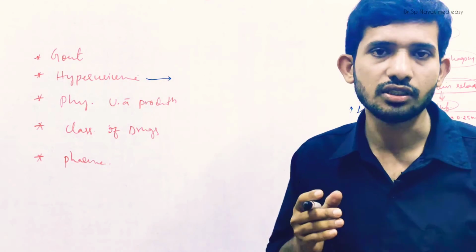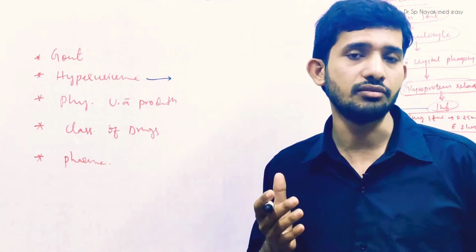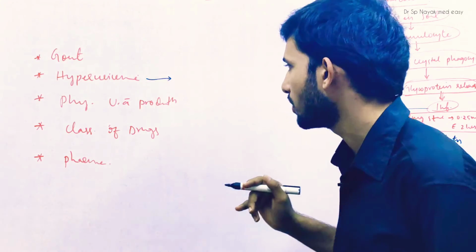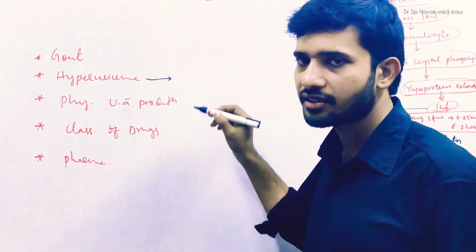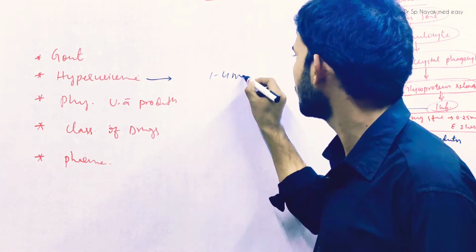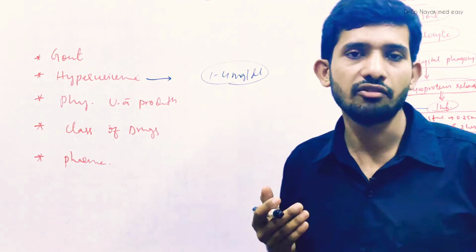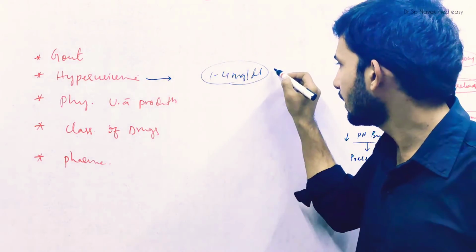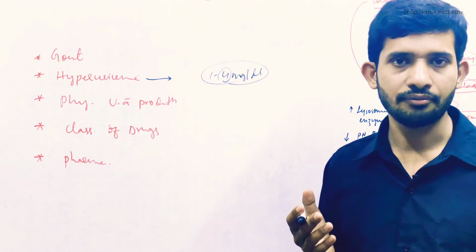Hyperuricemia is the elevated concentration of uric acid in the serum. The general normal range of uric acid is 1 to 4 mg per dL, and if the uric acid level increases above 4, that condition is called hyperuricemia.